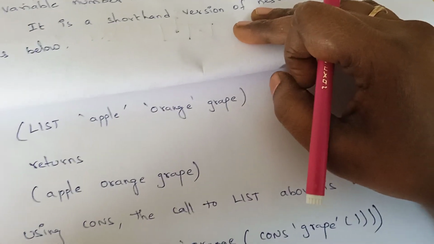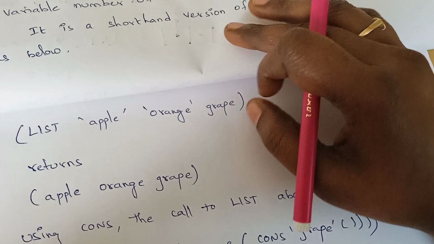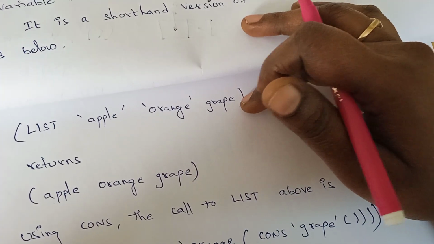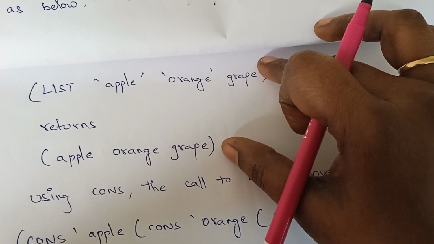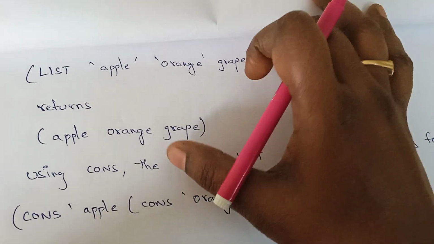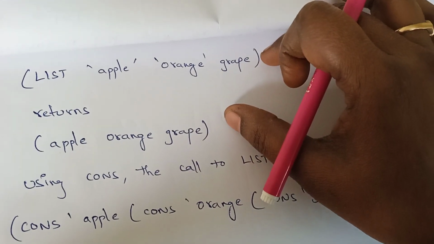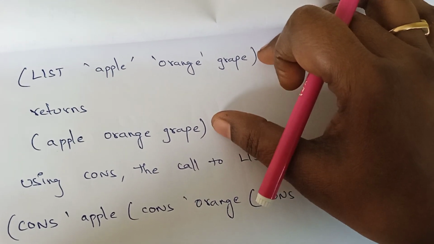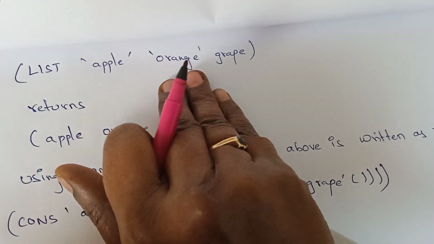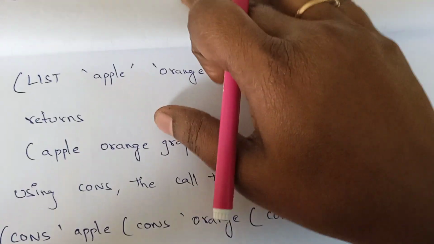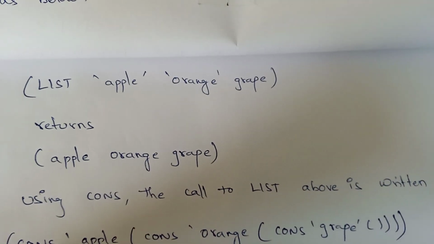As far as Python lists are concerned, it will take all three items in the list, correct? So it returns all three items of the list. Using CONS also will do the same thing, correct? CONS also makes different lists together, taking CAR and CDR together into CONS.